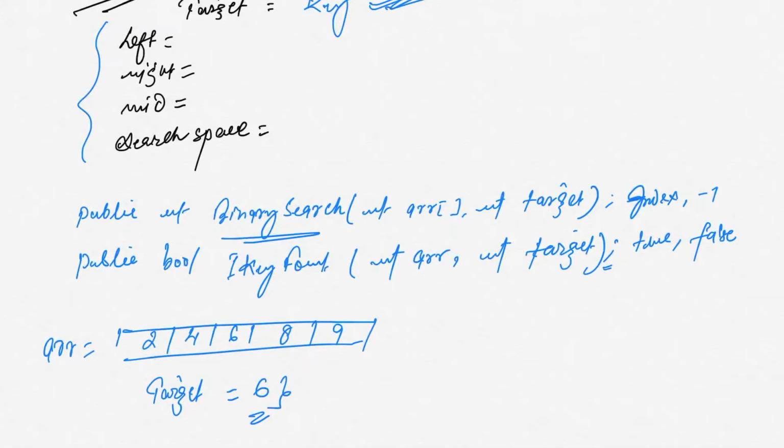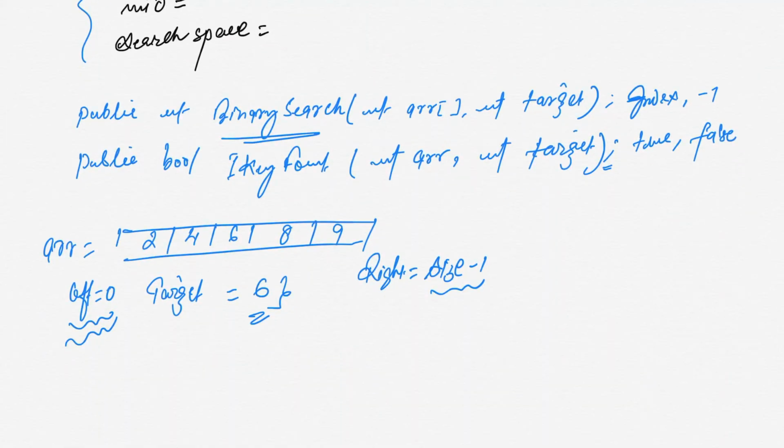Now left defines the left index, the position from which we are going to search. When you start searching, your left is going to be 0 and the right is going to be array size - 1.